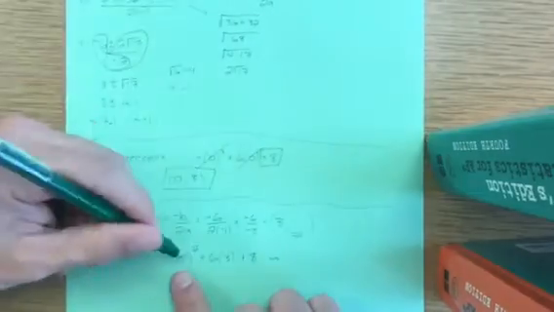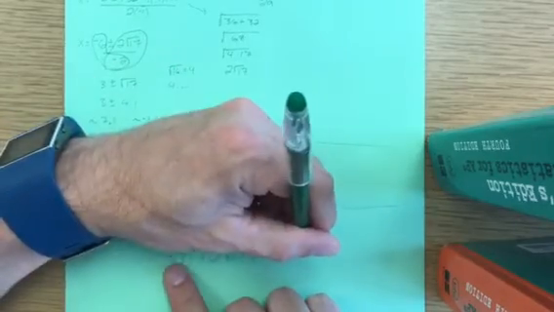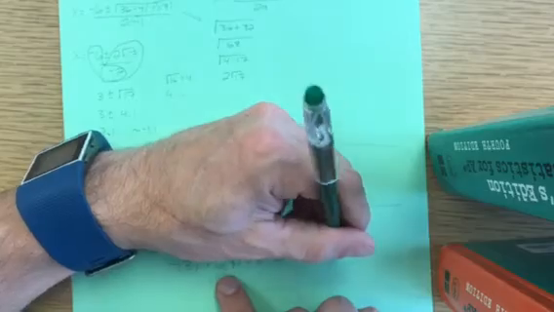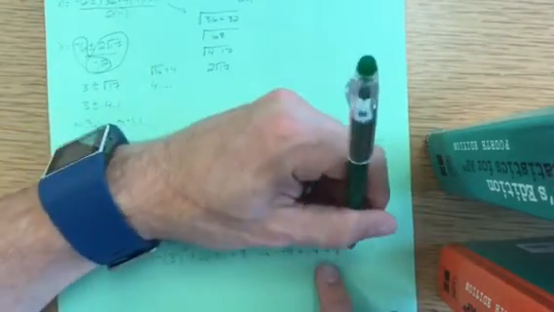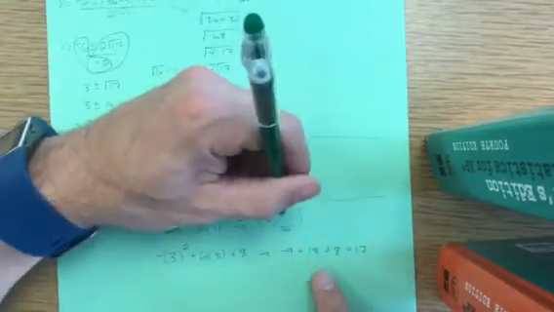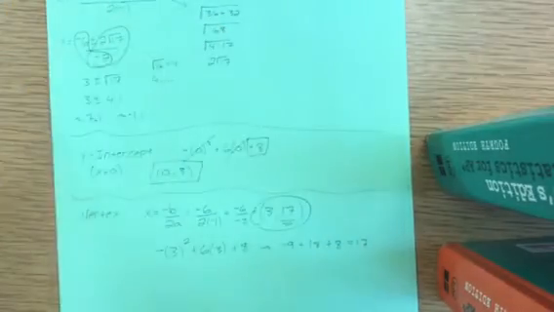So I do 3 squared, which is 9, attach the negative. So it's -9 plus 18 plus 8. When you add those 3 together, I get 17. So my vertex is at 3, 17.